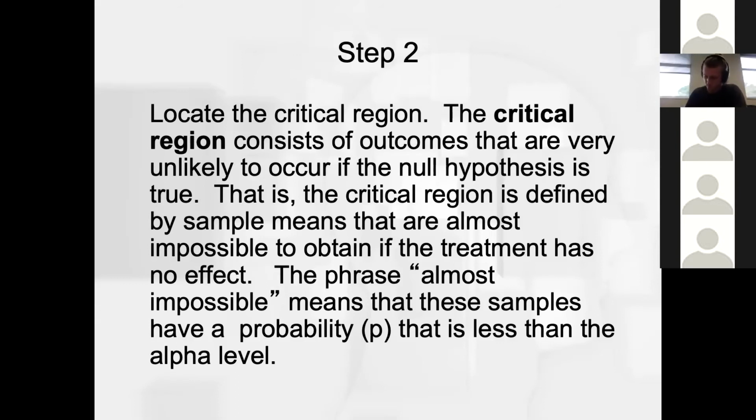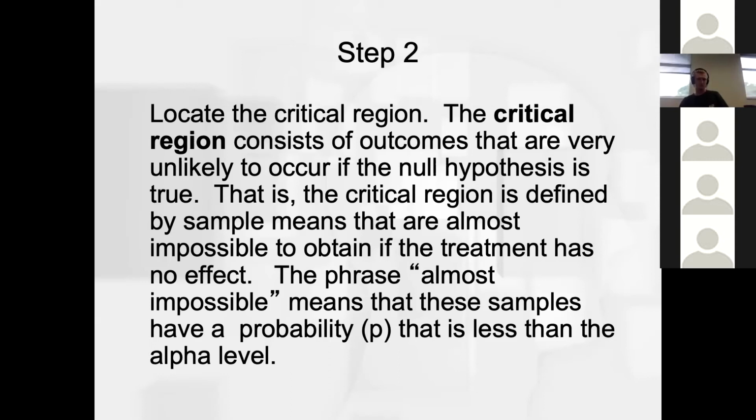So again, the critical region consists of outcomes that are very unlikely to occur if the null hypothesis is true. If there's really no effect of texting on driving, finding a difference should be very unlikely.